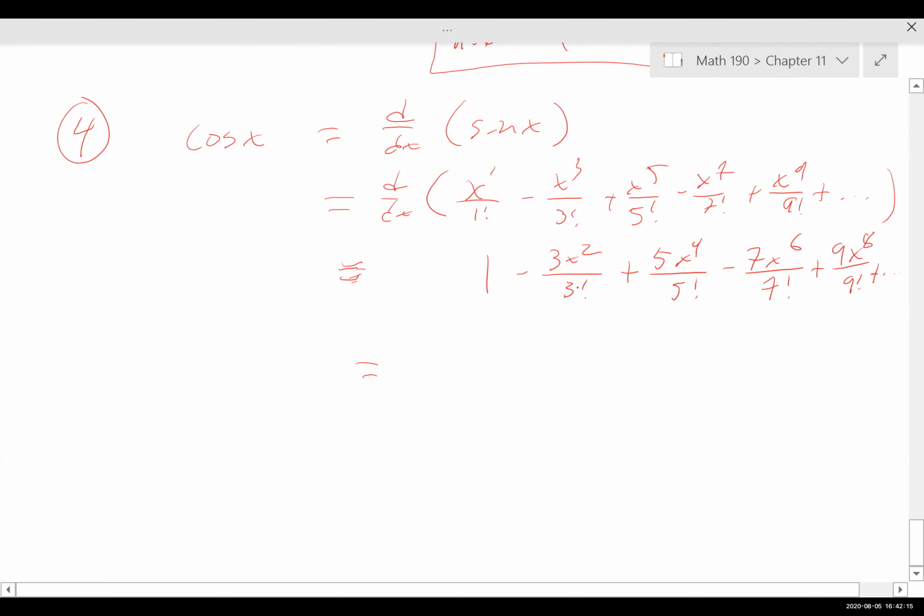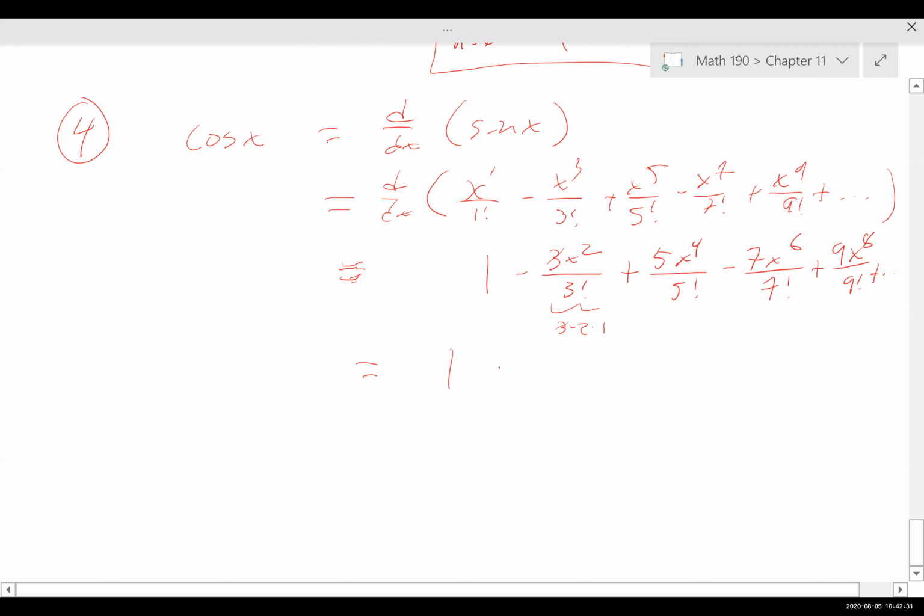Let's clean this up. Isn't 3 factorial 3 times 2 times 1? So the 3 on top cancels with the 3 on the bottom, and that just reduces it by 1 factorial.